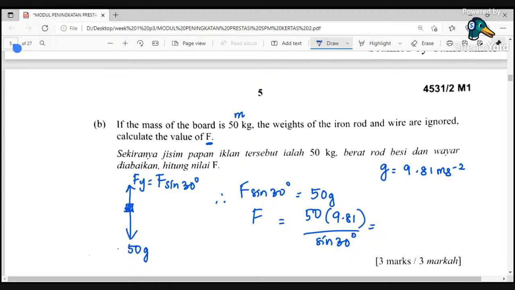Okay. So we get 981 meter. This is the force F.